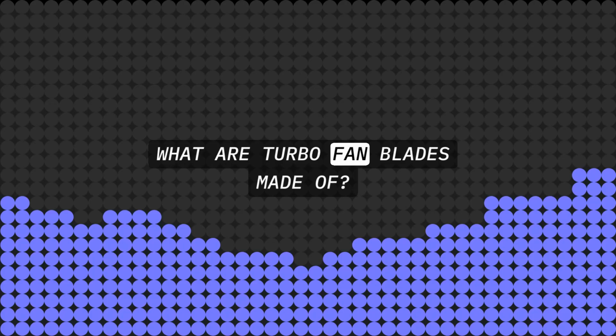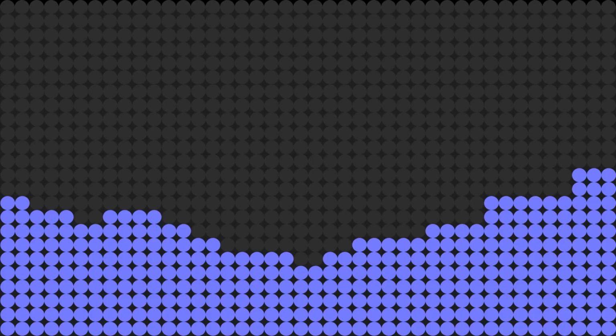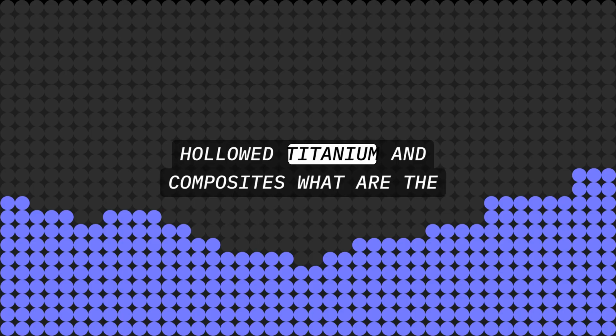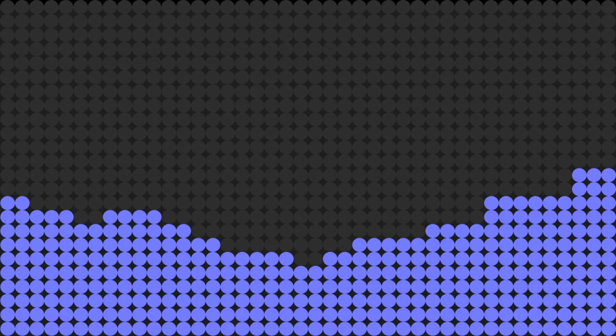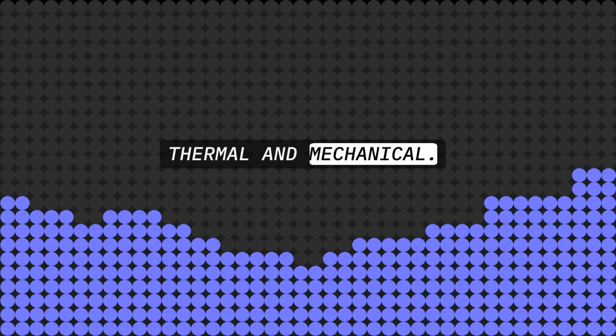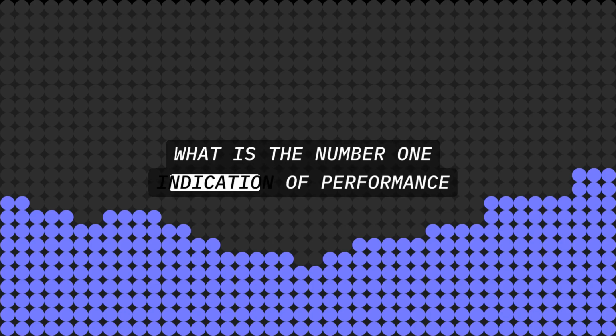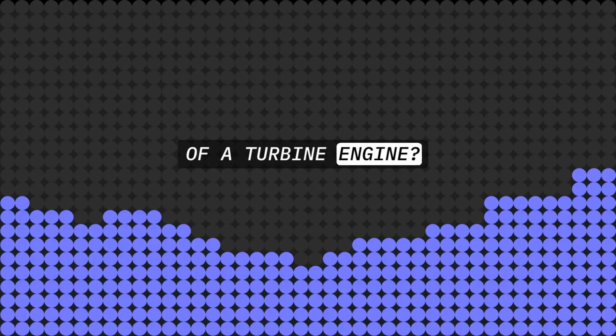What are turbofan blades made of? Hollow titanium and composites. What are the two types of turbine engine failures? Thermal and mechanical. What is the number one indication of performance of a turbine engine?